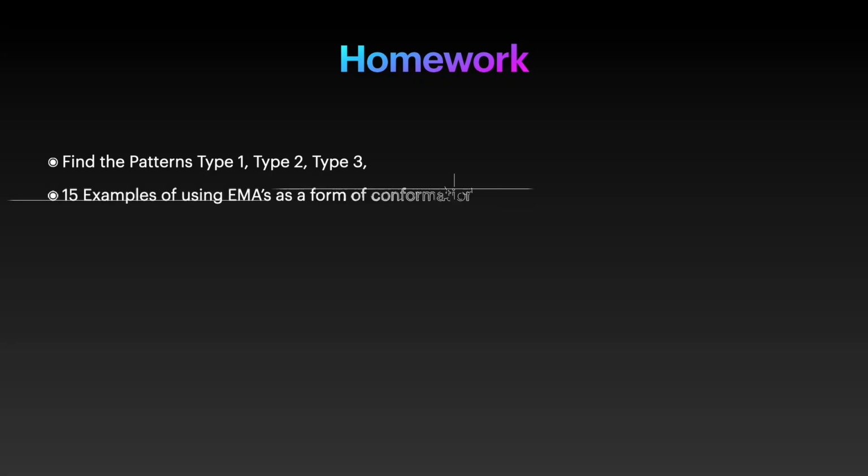I need 15 examples of using the EMAs as a form of confirmation. So show me 15 examples of good quality trade setups where the EMAs are being used as a form of confirmation, meaning where the M or W is pinning to the EMA to help confirm the trade setup. Now, very important that on all of these examples, you have to be in the correct directional bias.